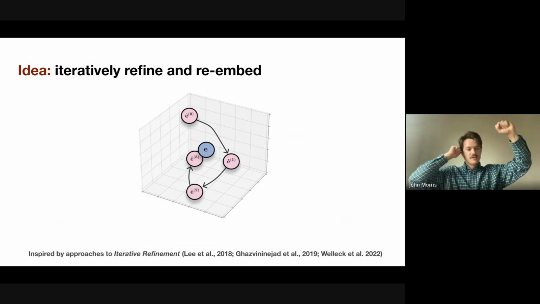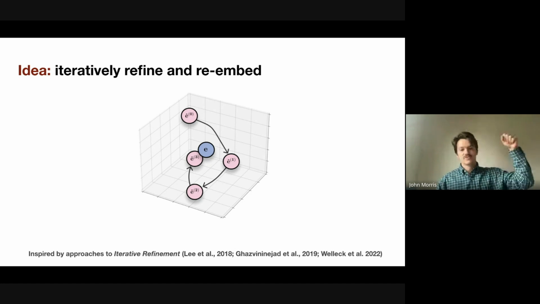So we build the second model, which is related to a lot of things called iterative refinement in NLP, which I'll talk about in a second, that takes E hat and E and produces a new text guess. So given where we are and the text that corresponds to where we are and where we're trying to go, it produces a new guess for the text that's where we're trying to go.